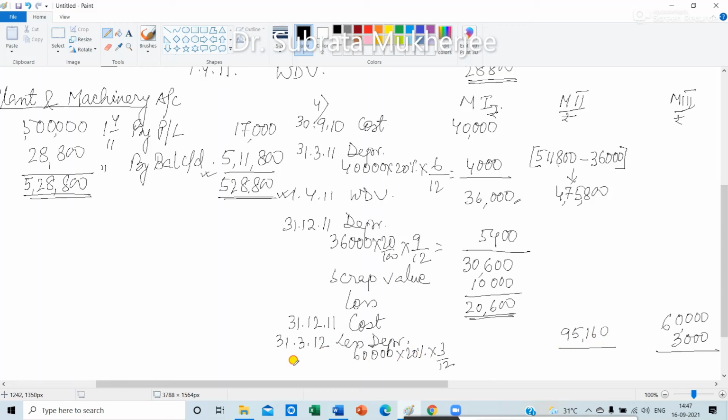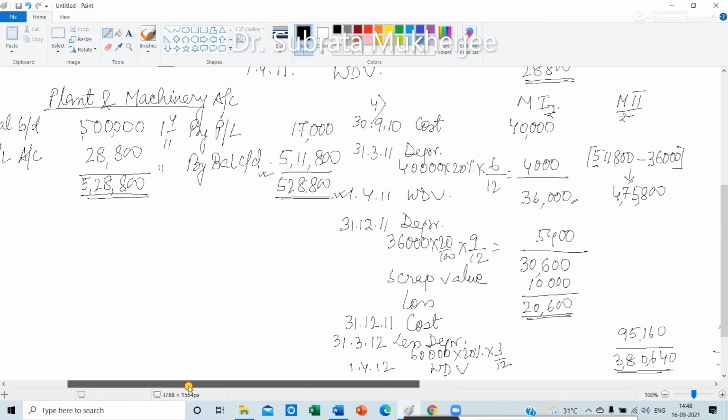And the written down value on 1st April 2012 will be 3,80,640 for M2, and this is 57,000. So total written down value will be 3,80,640 plus 57,000, which is 4,37,640. Now let us put the working number 4 in the plant and machinery ledger.